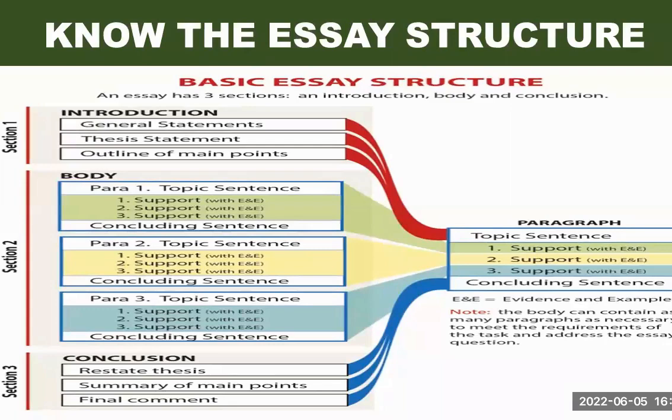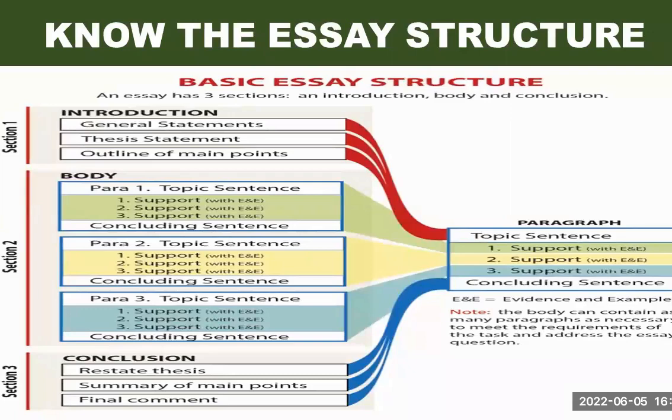Now, the thesis statement is a sentence that shows exactly what you want to say about this topic. A thesis is this particular angle from which you want to look at a particular topic or problem. All right.